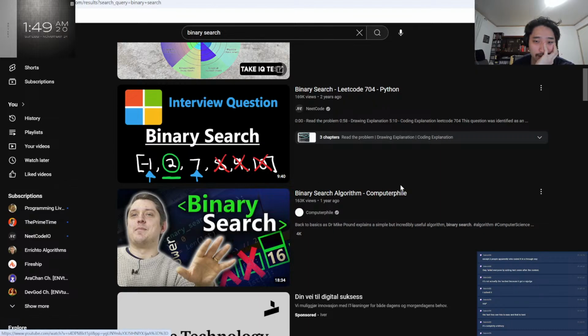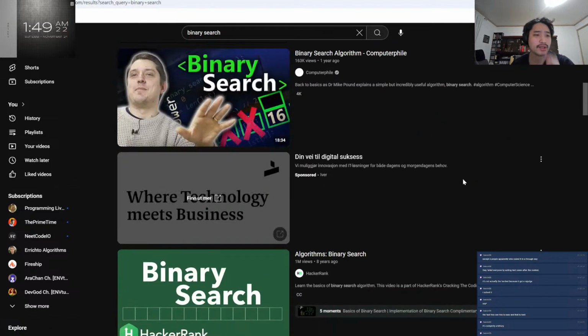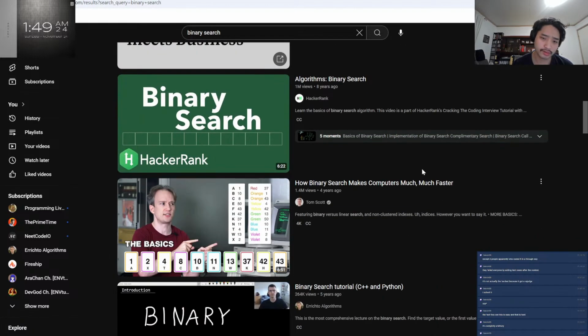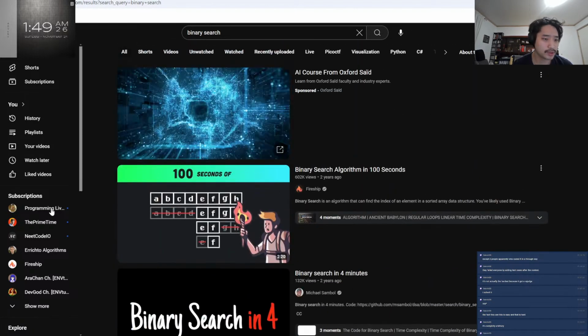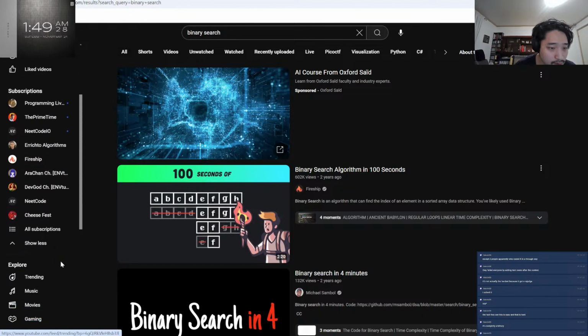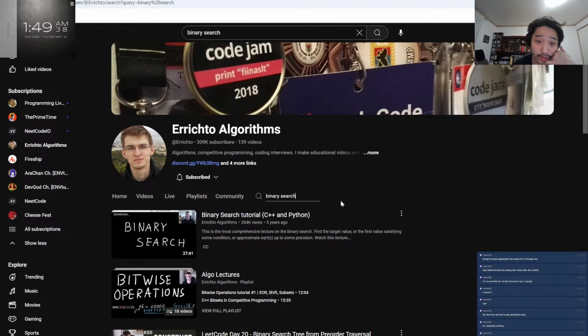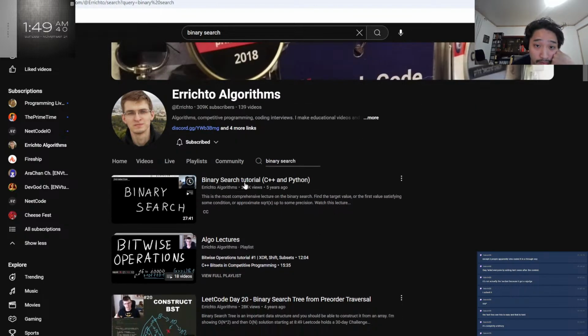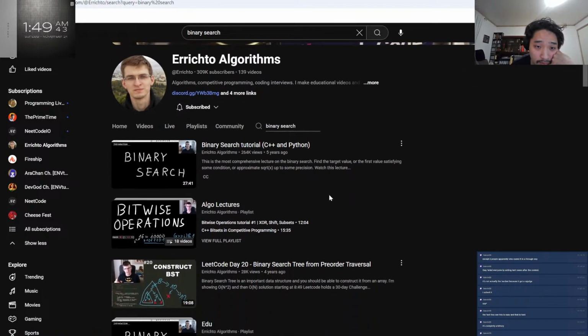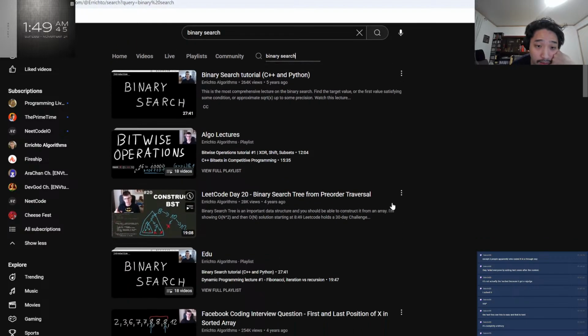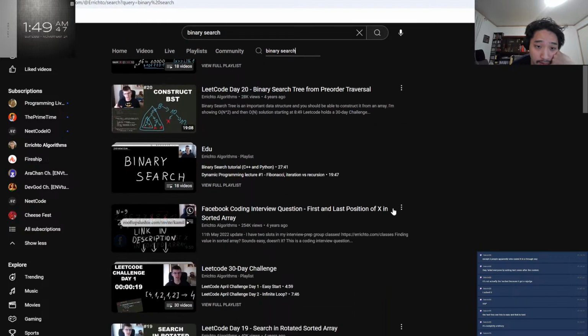Like, does LeetCode have something on binary search? Because I really enjoyed the way he explained it. Just go into depth, exactly.